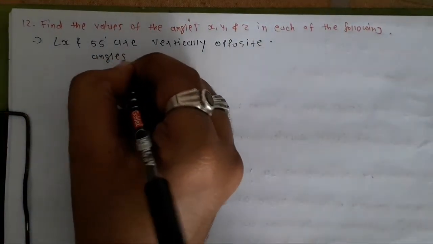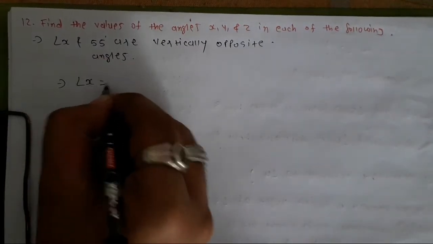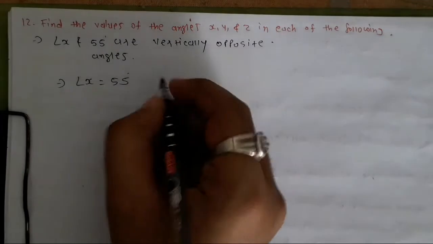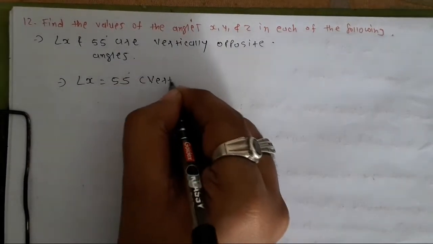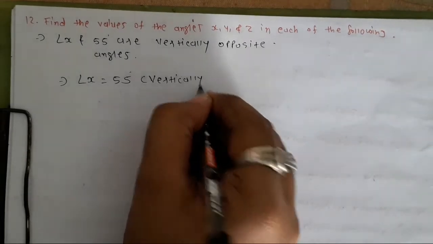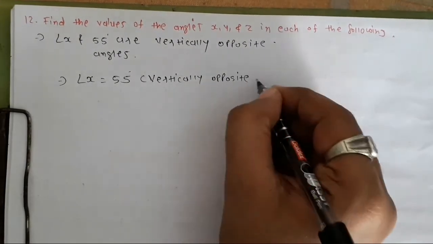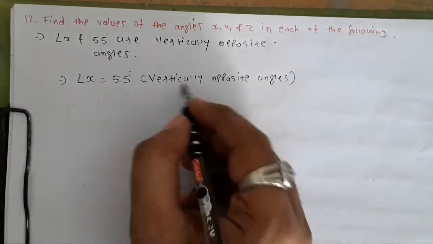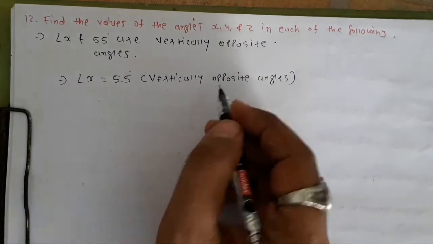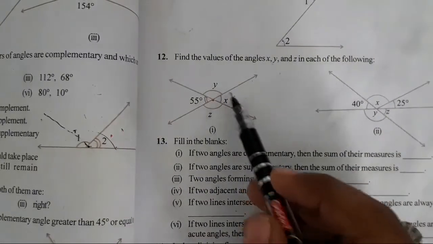So angle x is equal to 55 degrees, and in bracket we can write vertically opposite angles. If you do not write this sentence and only write it in brackets, then also you are right. Now we have got the measure of this angle.